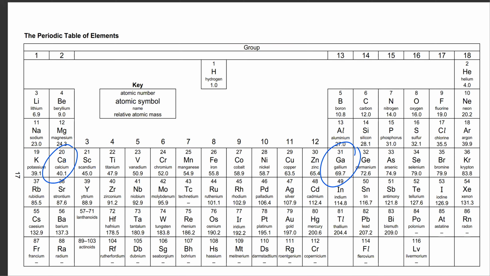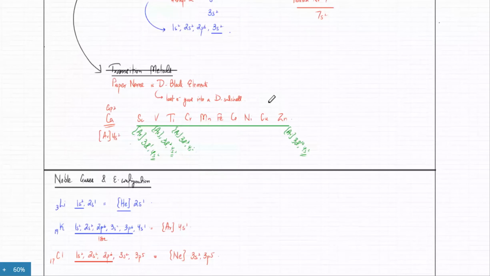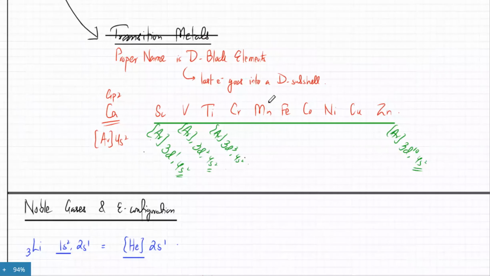This is something that we had discussed yesterday. For transition metals, you should know that calcium ends at 4s2, and right after 4s2, when you want to figure out the electronic configuration of transition metals very quickly, the 3d starts filling up. So it's 3d1, 3d2, 3d3.